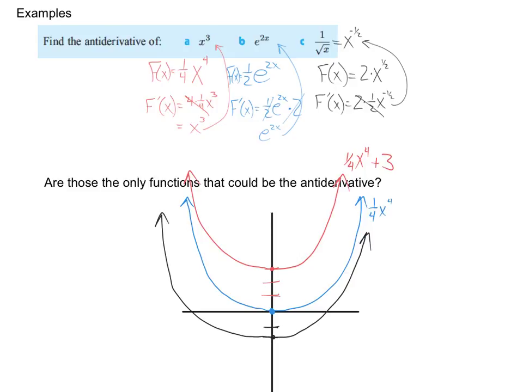That could still be 1/4 x to the 4th, but with a minus 2. And when I take the derivative of that, all those constants are just 0.